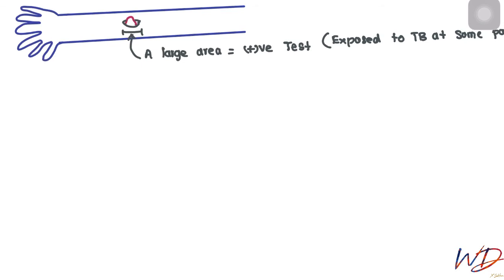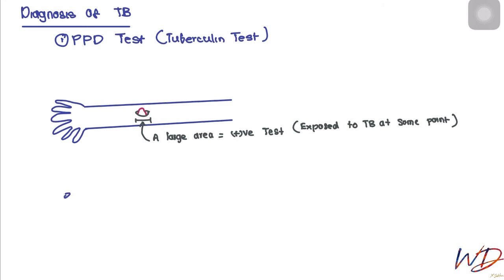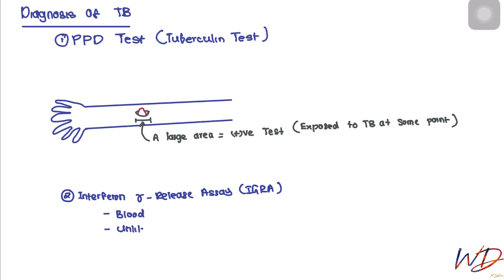Next, you can do a test called interferon gamma release assay. I will come back to the PPD, so leave some space there. Interferon gamma release assay, IGRA test, where you take a blood test, and it is unlikely, this is important, unlikely to be positive from BCG.